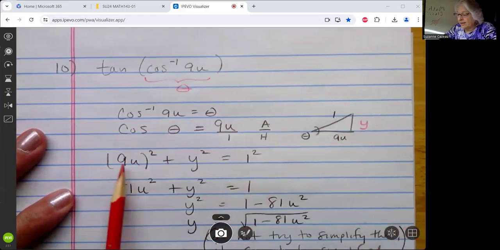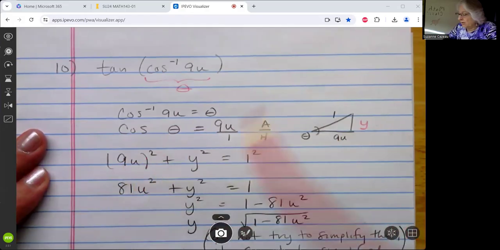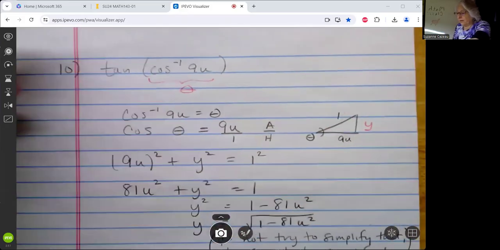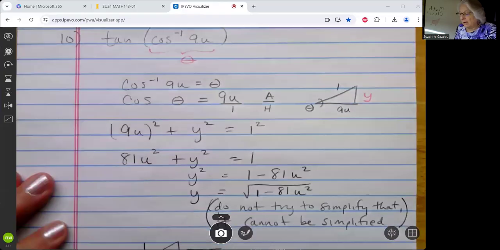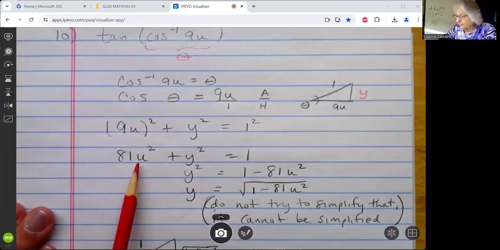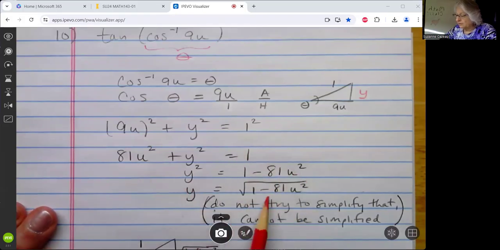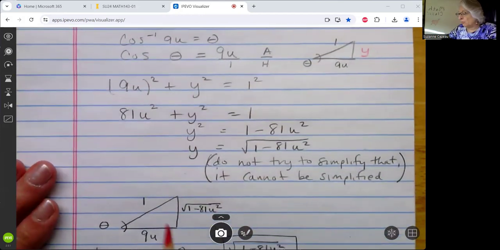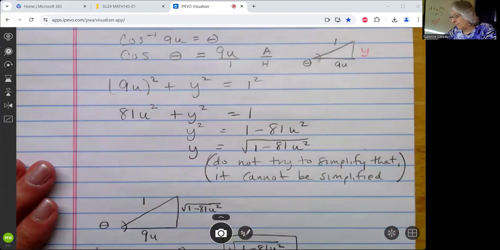We've got 9u quantity squared plus y squared equals 1 squared, and we're just going to solve that for y. This is going to be 81u squared, and then you subtract that from the 1 and take the square root. And that's all you're going to do with it. Don't try to simplify that. It cannot be simplified.